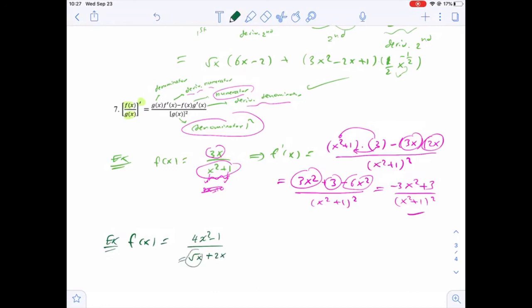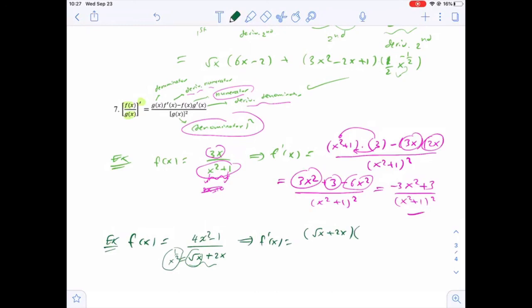Now when we see square root, we can write it as x to the power 1/2. Now let's apply the rule. F prime of x: the denominator is square root x plus 2x. We don't need to differentiate the denominator yet. When we differentiate the denominator, we deal with x to the power 1/2 instead of square root x.